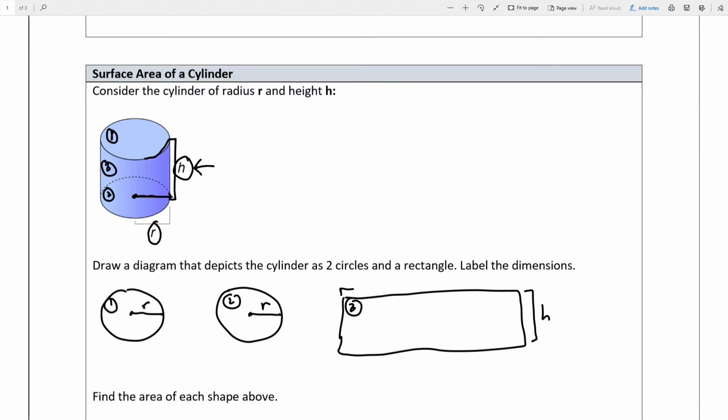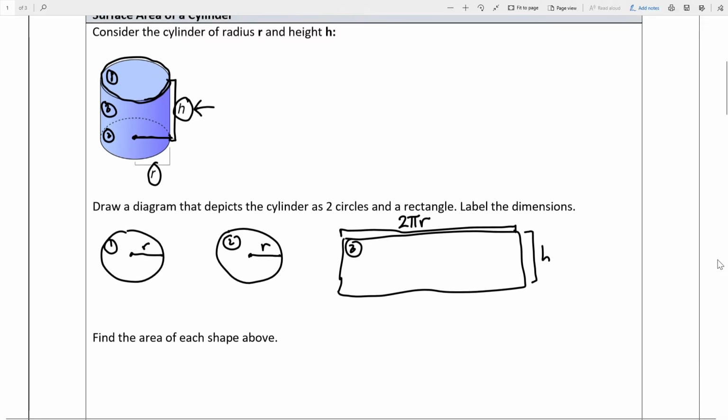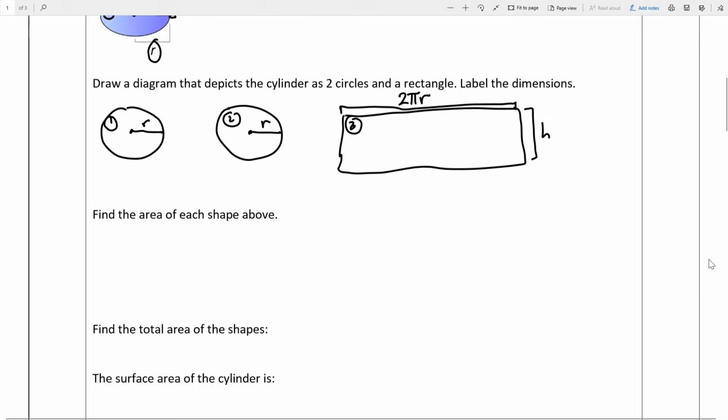And the length of the rectangle is going to be the circumference of one of the circles, because it takes that length to wrap around the cylinder. So remember the formula for the circumference is 2 times pi times r. So there we have it. We have the three shapes and their dimensions.